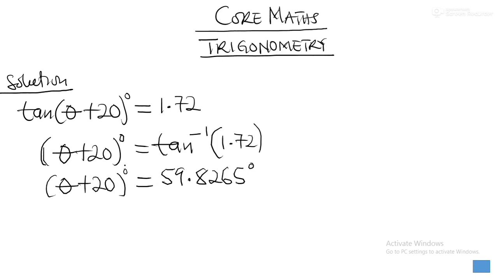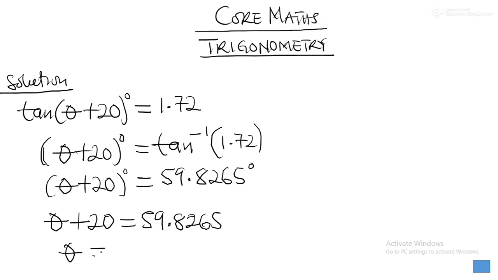Because they are all in degrees, the unit will cancel out. So now we'll have theta plus 20 equals 59.8265. Good. So now we need the value of theta, so we have to make theta the subject.